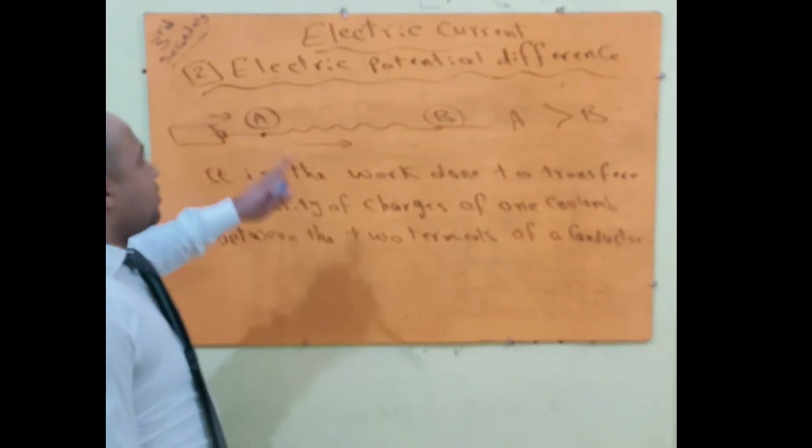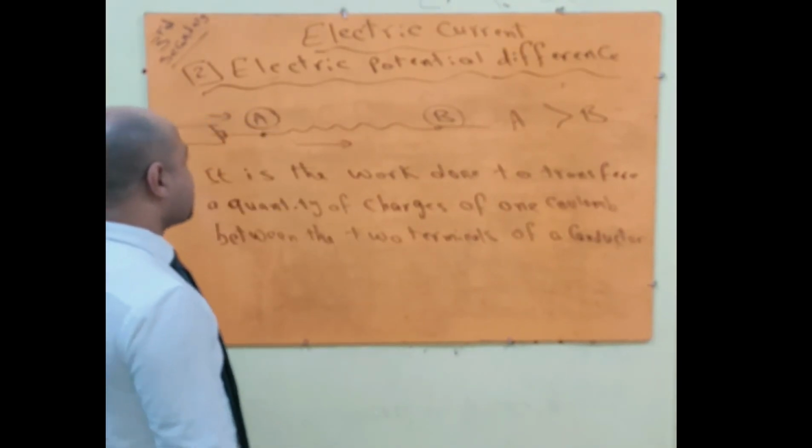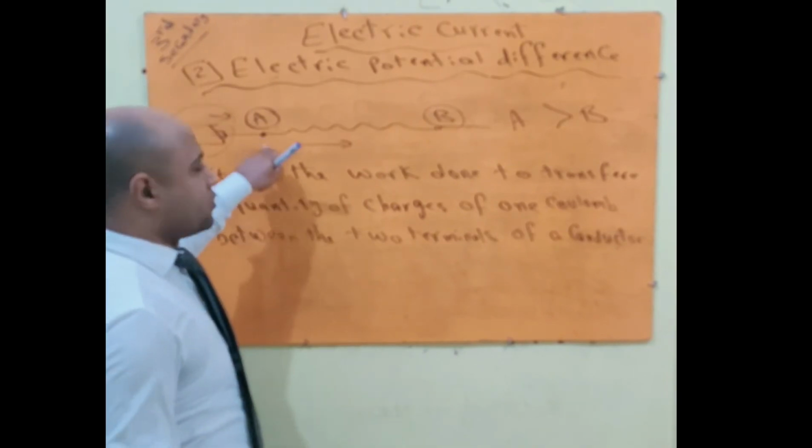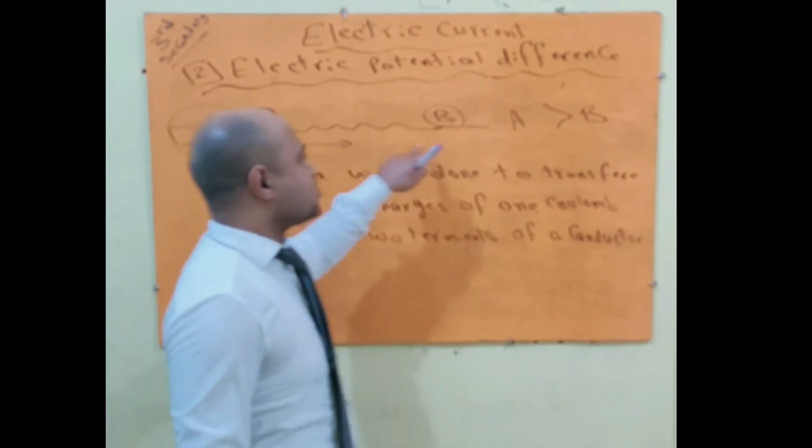Okay, again, potential difference is the work done by the electric source to transfer a quantity of charges between the two terminals of the conductor.